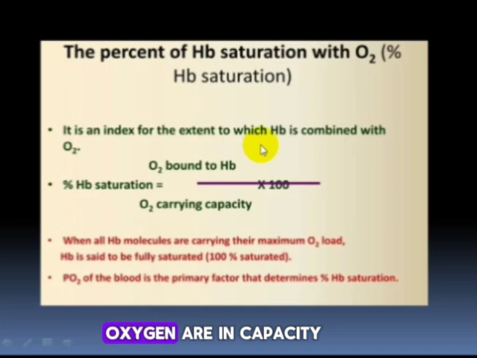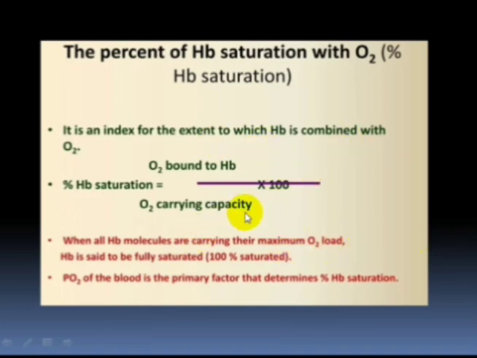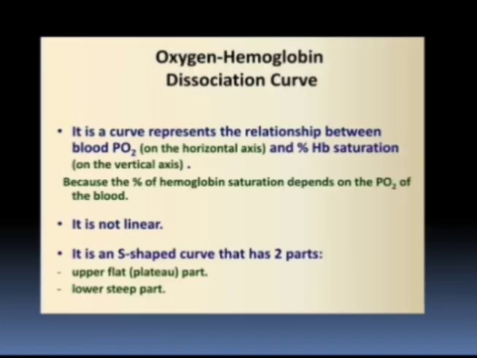So what is the oxygen carrying capacity of the blood? What is the value of the oxygen bound to hemoglobin? Okay, do the calculation and write your answer down. I'm going to mark it.